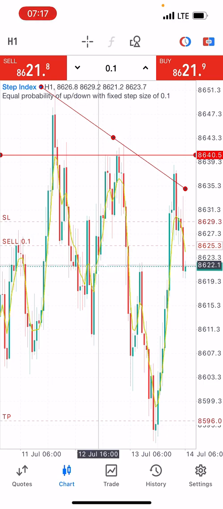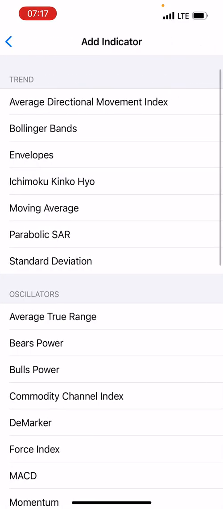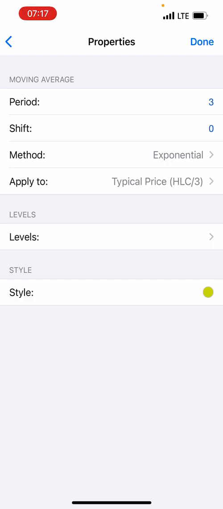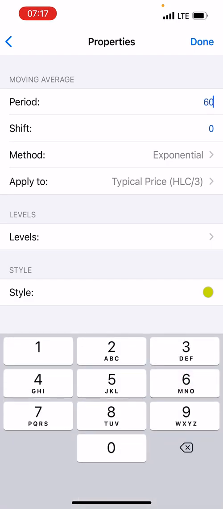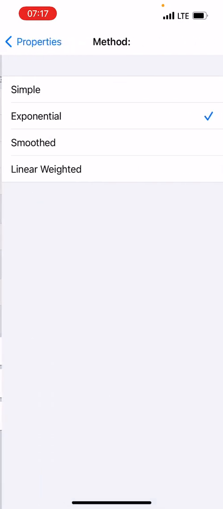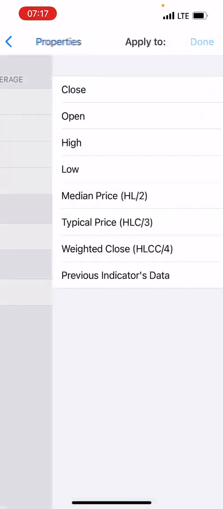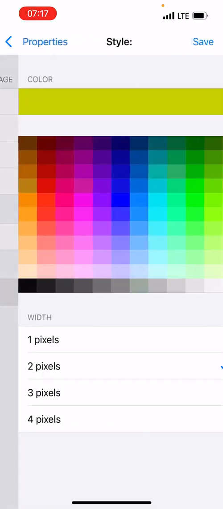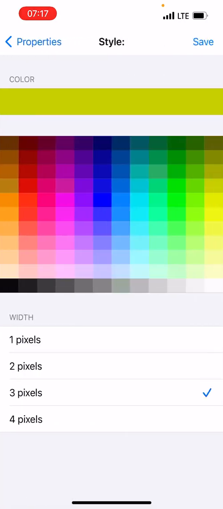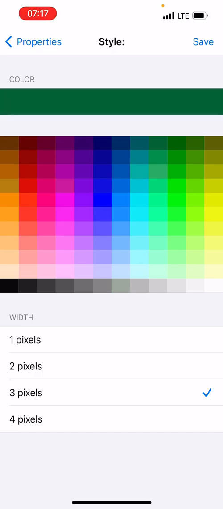Then the second indicator, we'll need another moving average, which will be taken on period 60, shift 0. The method is simple. Apply to close. Then we'll be using 3 pixel for the style. Then let's take green for this.